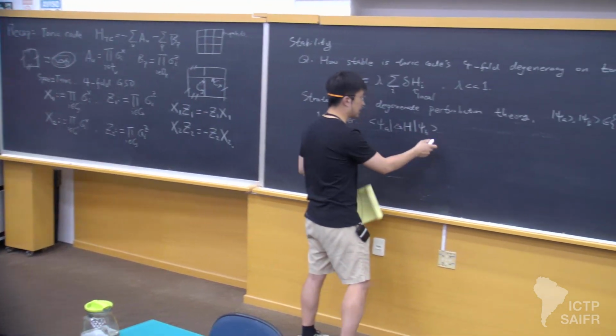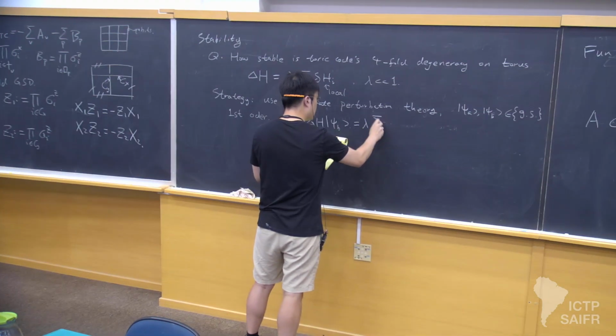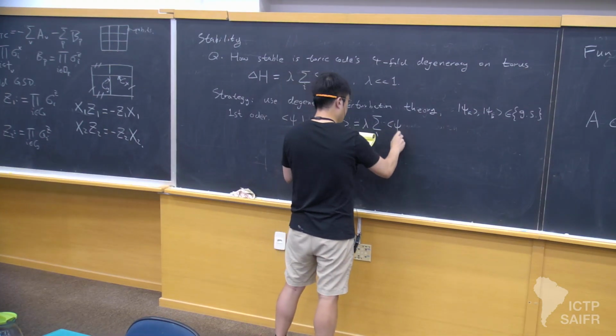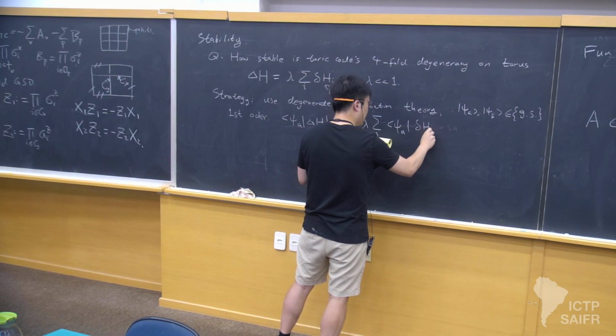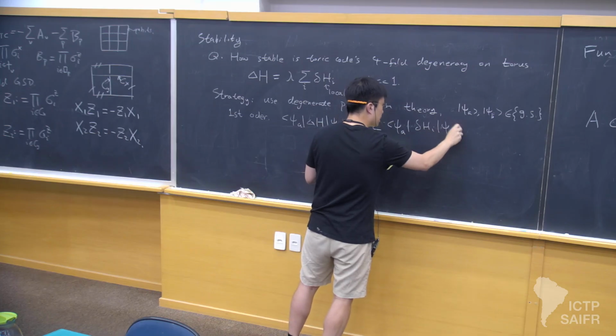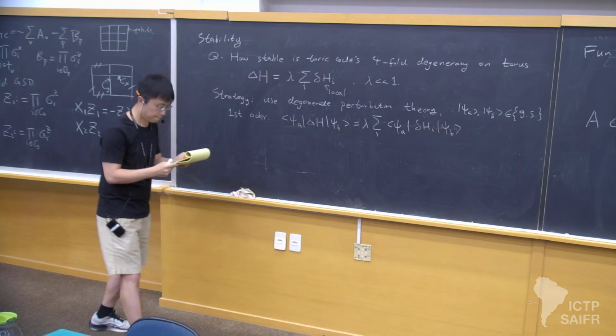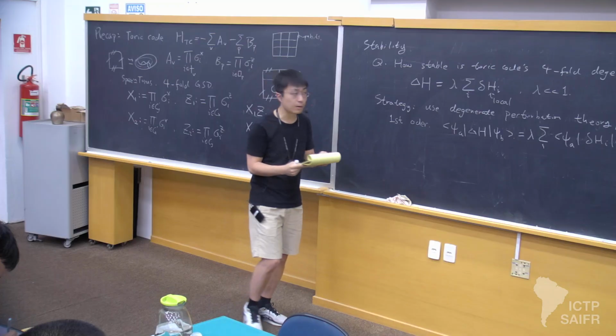But what does this look like? Well, this looks like lambda sum over i, ⟨ψ_A| δH_i |ψ_B⟩.